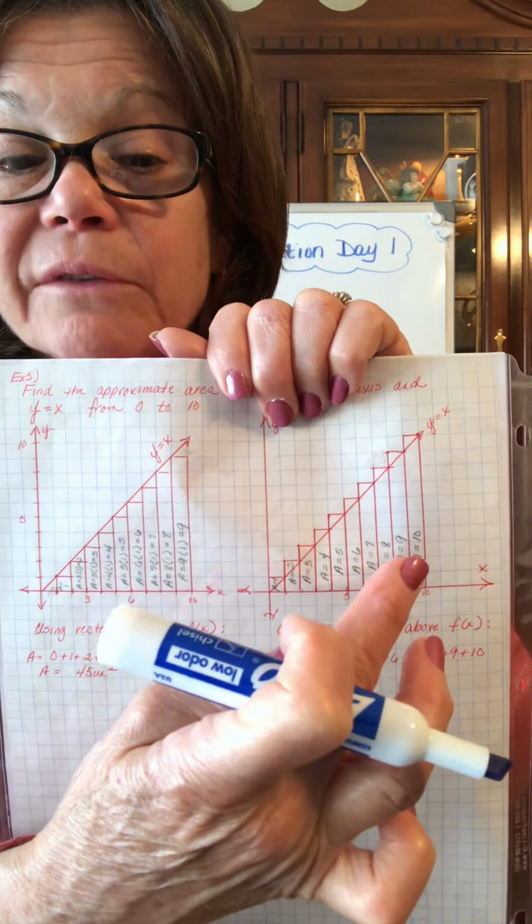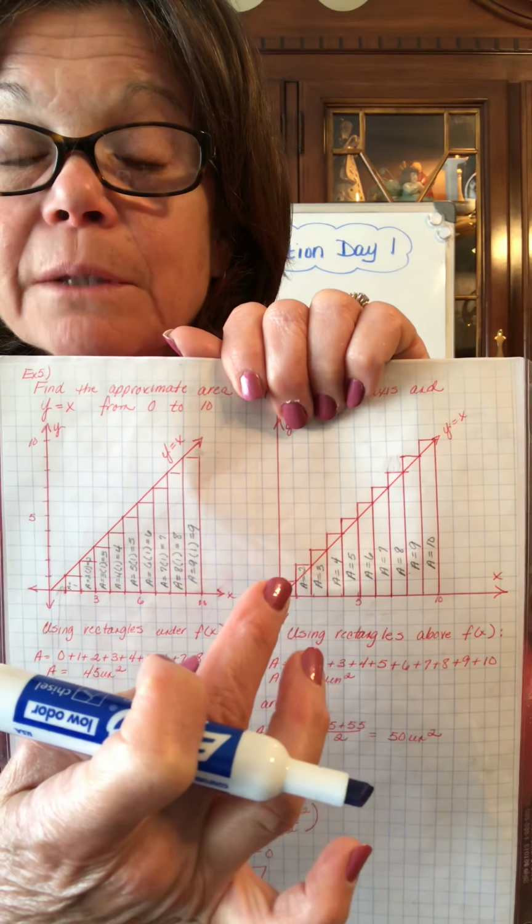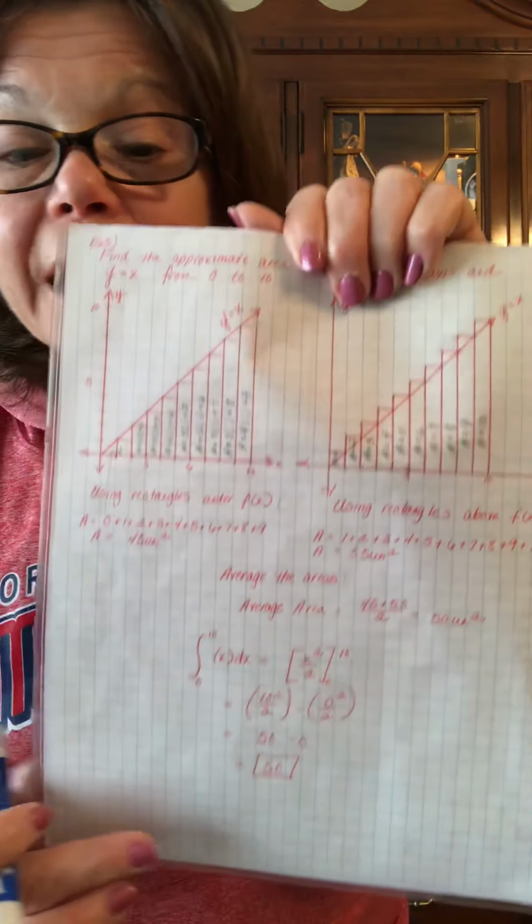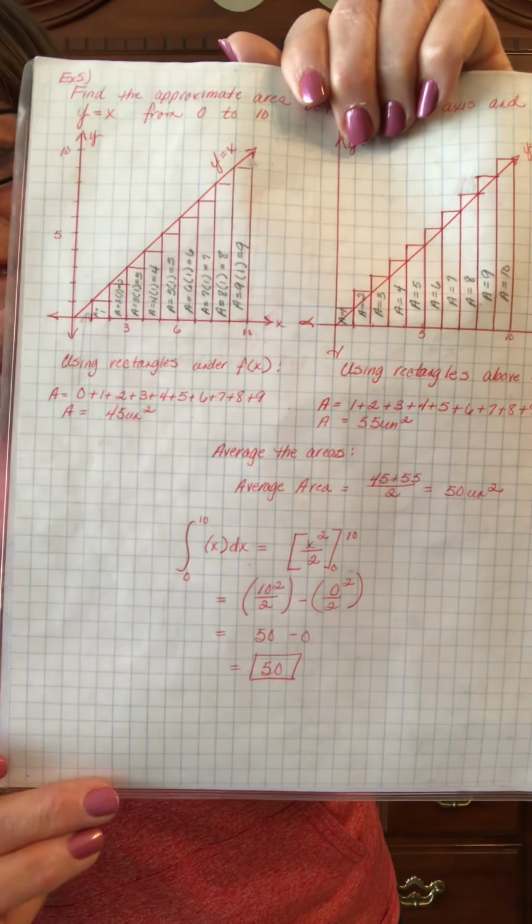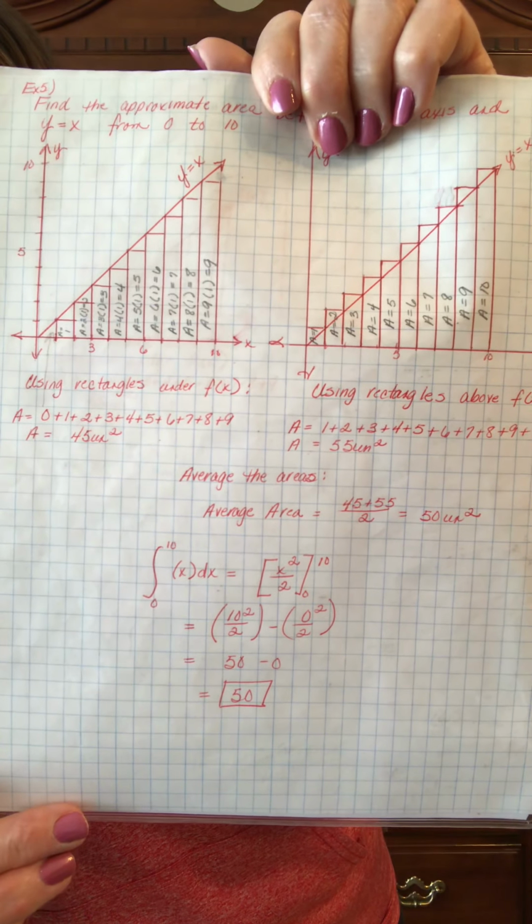You would add up all of these areas that are a little bit above the function, and when you average those, you would get the exact area. So that's what we're doing tomorrow.